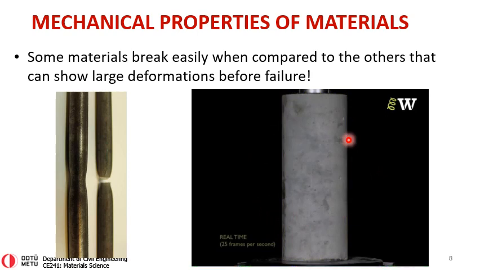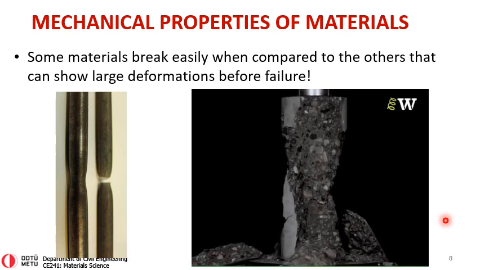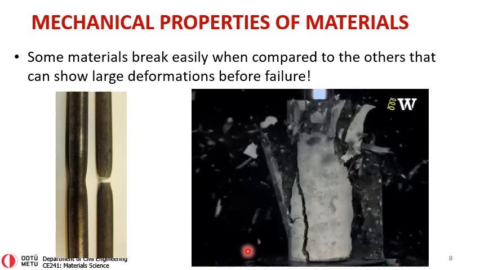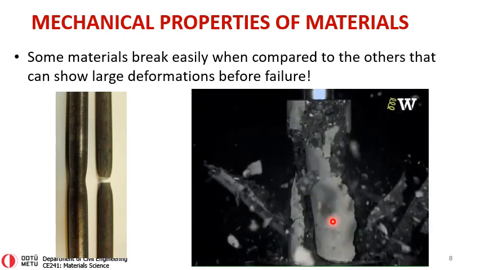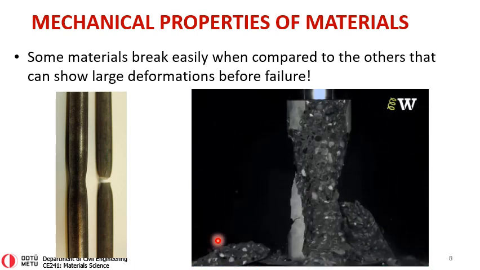Whereas if you were to subject concrete uniaxially, not in tension but in compression, you will not be able to see any deformation, at least by your eye, and the concrete will break suddenly in a brittle way. This is the video again in a slower way: as you can see, no deformation, boom, it breaks at a high load without any deformations.